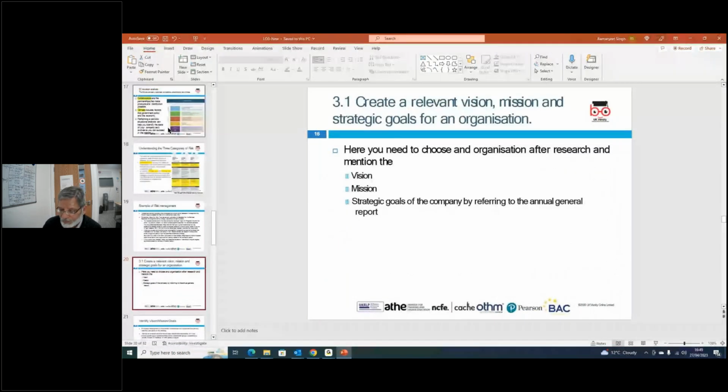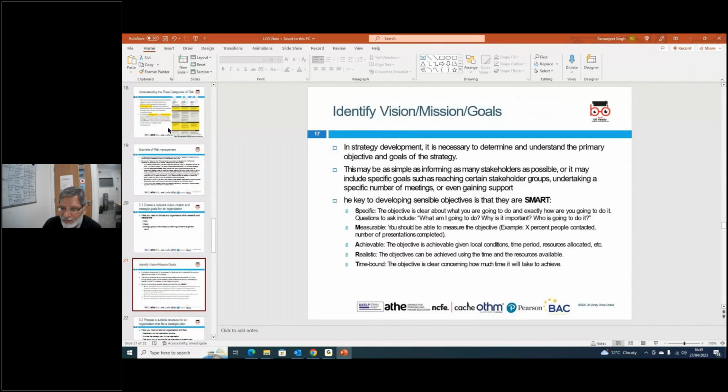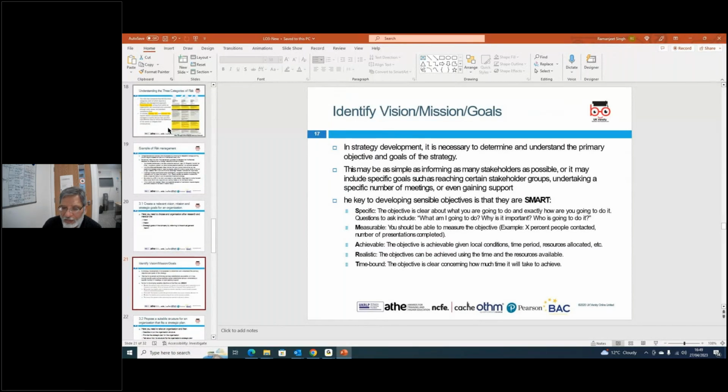So when you're talking about your organization, you need to give examples. You need to write mission, vision, strategic goal. Maybe you give us a kind of organization structure, okay? And state your mission and vision, okay? Any organization, maybe Shell, maybe IKEA, maybe pick an organization in Pakistan and give us some kind of vision, mission, and so on. Okay?